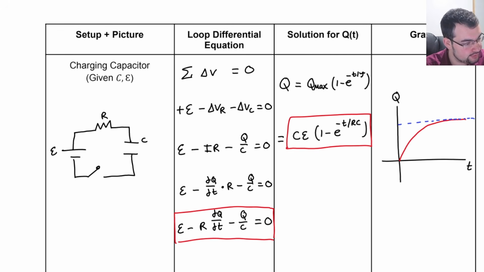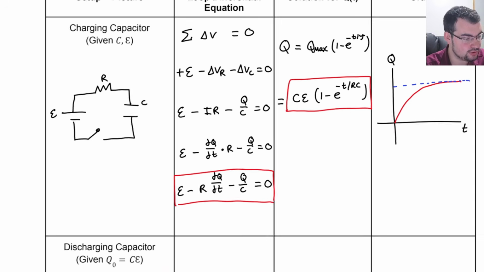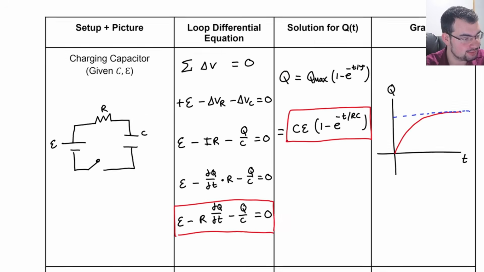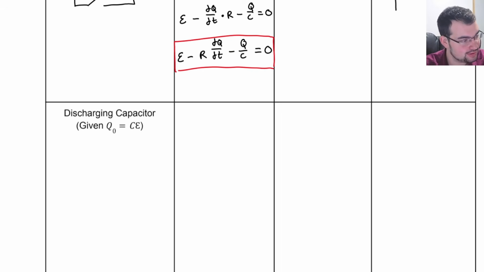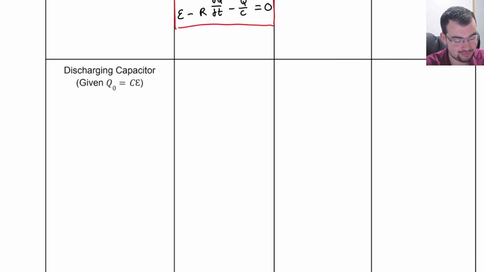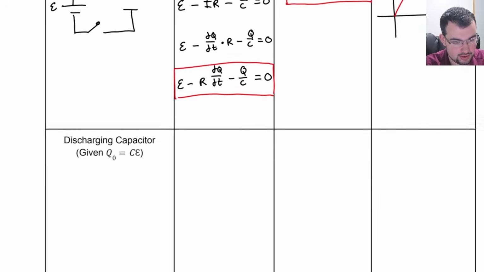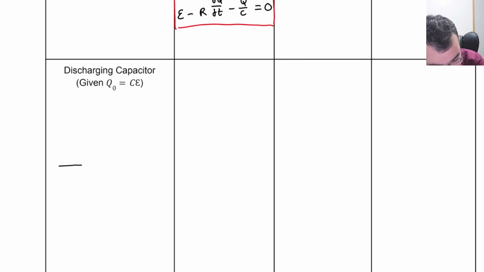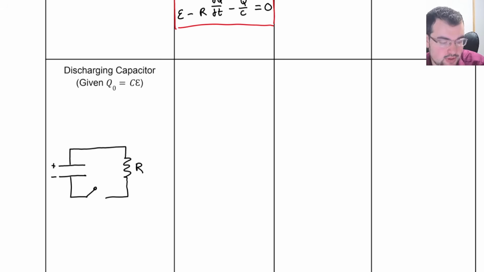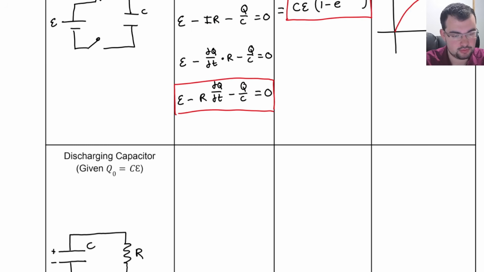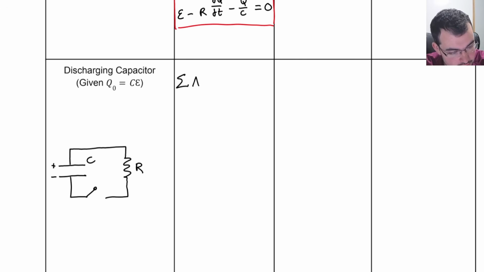Alrighty, lovely. Now we'll do our decaying case. For the decay, that would be our discharging capacitor. So for our discharging capacitor, that would look something like this. Here, I actually would still start with the same loop equation.